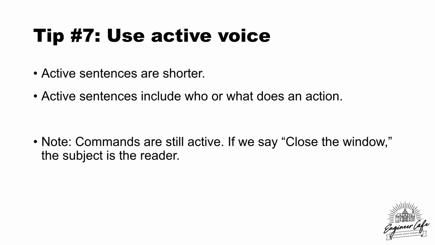Usually with a passive sentence, you don't need to mention who does the action, which can cause confusion. If you're saying commands, like "click here," that's still the active voice. It's just that we don't use the subject in that sentence. If we say "close the window," that's the same as "you have to close the window," and so the subject is the reader, and that's still fine.